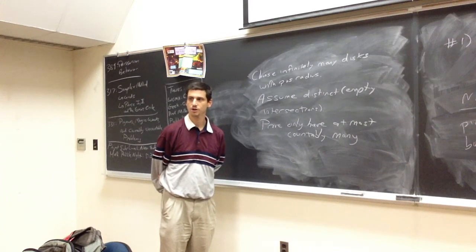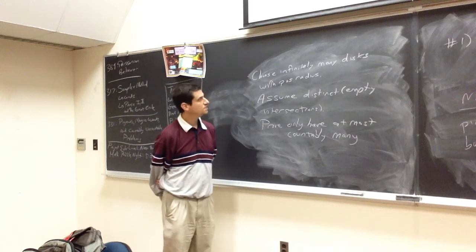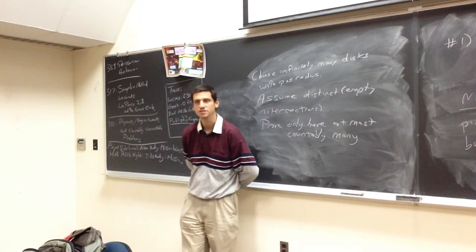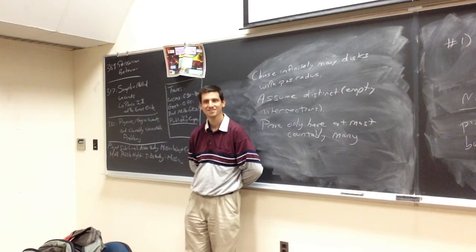Okay, everybody understand the problem? What's the largest radius? What can you assume the largest radius is? 1. Or a half, or a fourth, whatever. You can assume that the radii are bounded. Why?